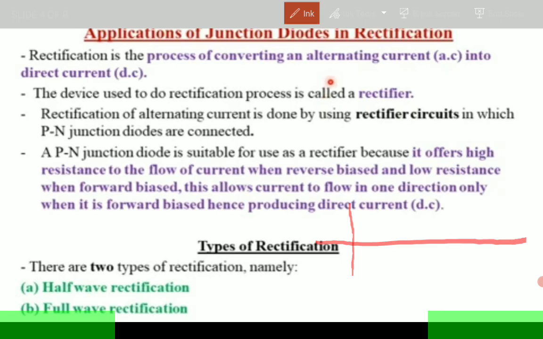Okay, so if we have a function of voltage versus current, alternating current will flow like this. It will flow like this.